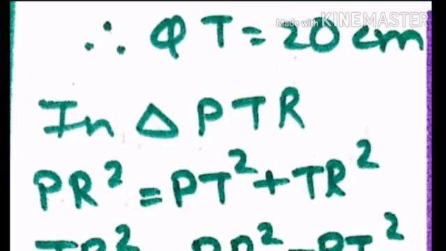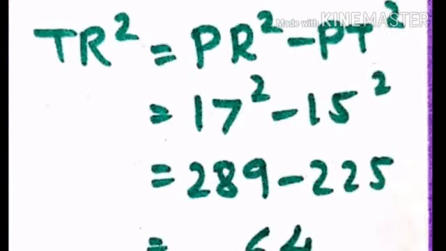Substituting values, as we want to find TR, TR square is equal to PR square minus PT square, which is 17 square minus 15 square, 289 minus 225, the value we get is 64, and then taking square root on both sides, we get TR value as 8 centimeters.